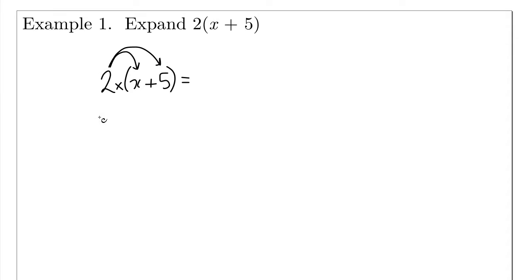So when you expand this, you do 2 times x, 2 loads of x's, and 2 times 5, 2 loads of 5's. And now that we've expanded the bracket, you simplify. 2 multiplied by x is 2x, and 2 multiplied by 5 is 10. So the answer is 2x plus 10.